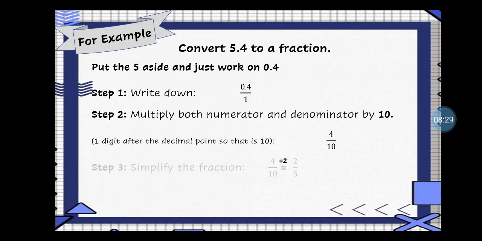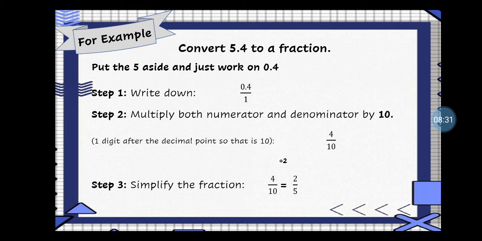And then we have to simplify the fraction, because when we multiply the numerator and denominator by 10, we get the fraction 4 upon 10. And in this fraction, if we divide 4 and 10 by 2, we get the fraction as 2 by 5.